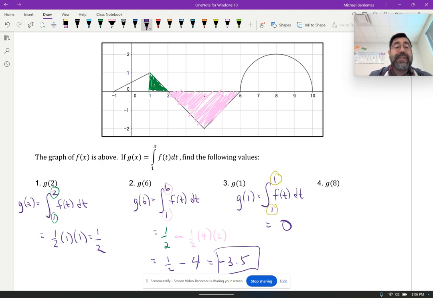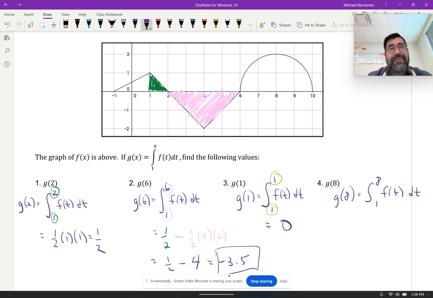number 4, g of 8. This will be the last one we do. So g of 8, according to the definition, is the integral from 1 to 8 of f of t dt. So let me talk about why these are not x's. We already have x as the function variable for g, so I can't use x here because then I would confuse this variable with this variable. So we use what's called a dummy variable, meaning that f of t could be any variable.